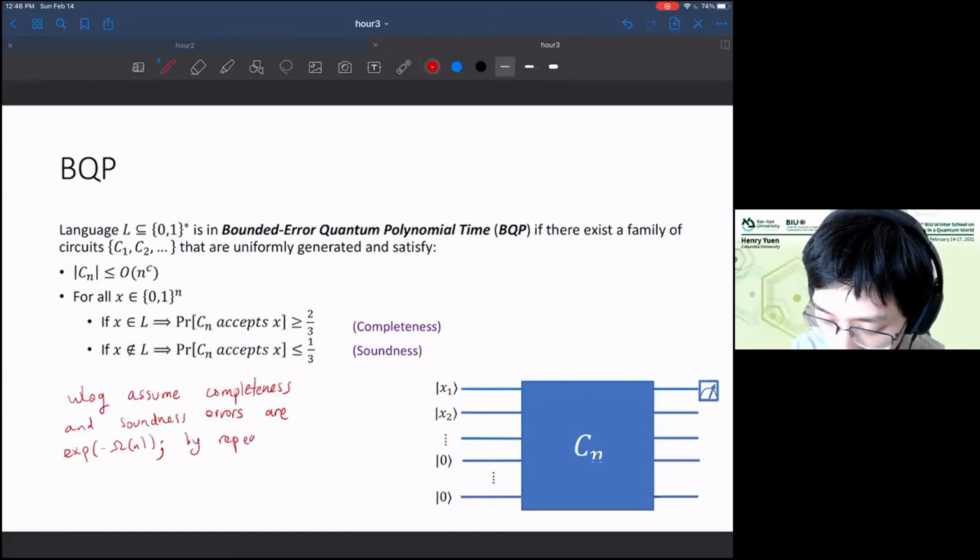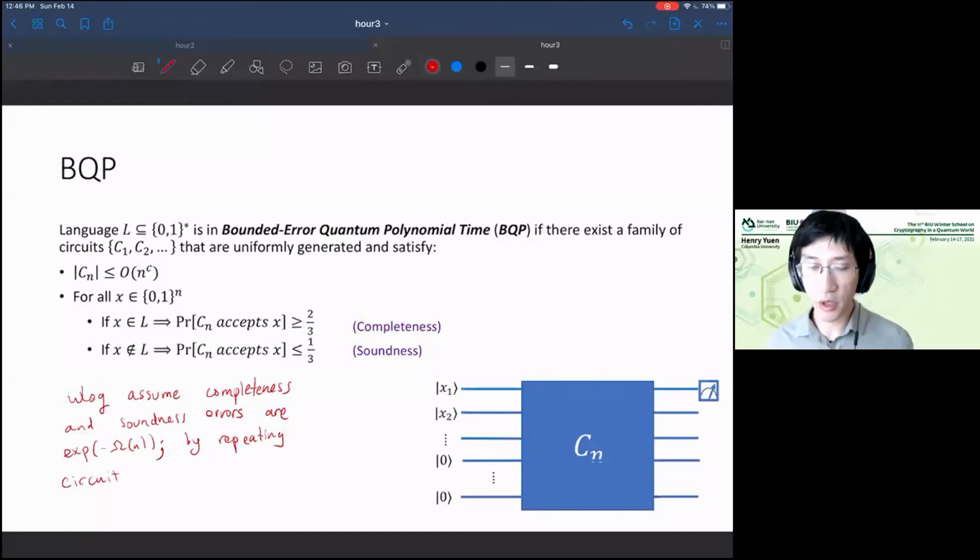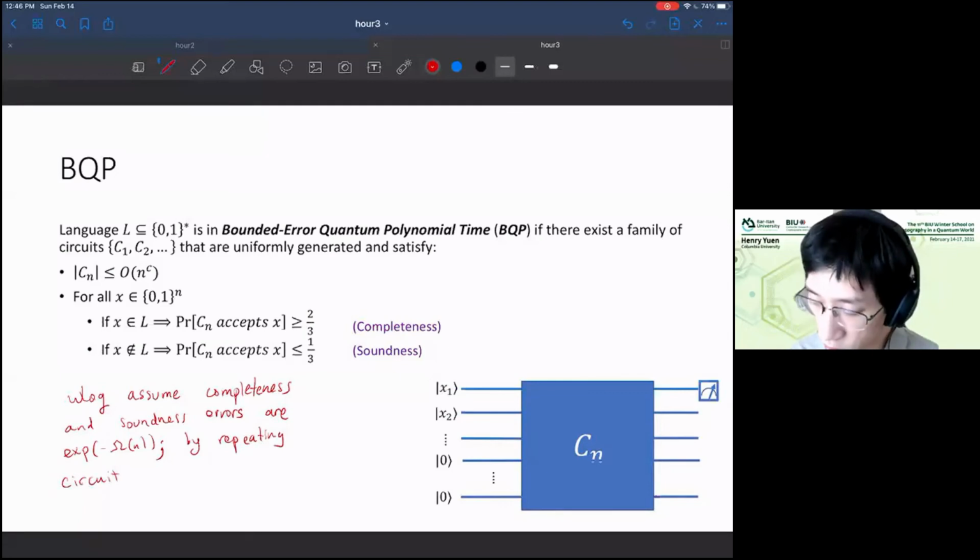Basically you just repeat the circuit a polynomial number of times and you just take the majority, it turns out that this works, right? So there's no mystery there.